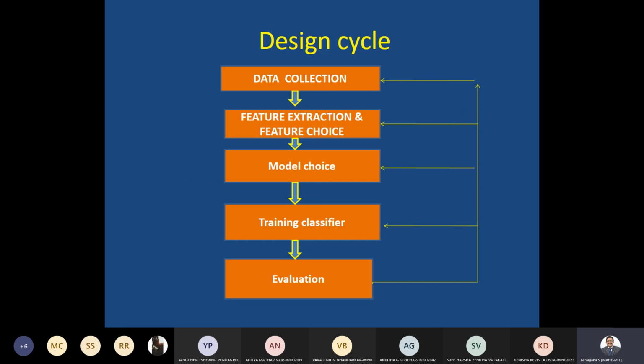So the overall design cycle we were just talking about in the last class. The first task may be collection of data, and the second may be feature extraction. I think all of you know at this stage what a feature is, right? It is some unique characteristic or measurement for a given pattern.